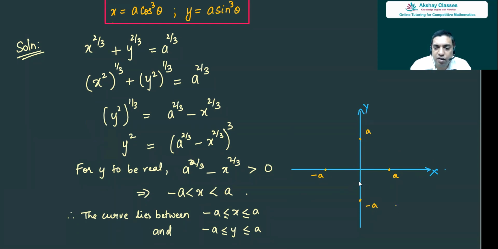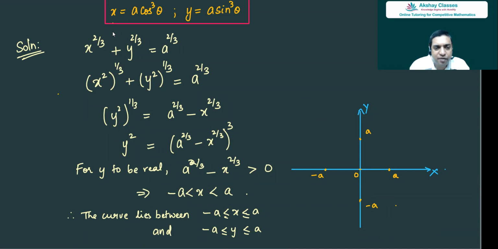Now in between, how will the curve look like? Okay. How will the curve look in between? Now, just between x equal to 0 and a, we need to see how does the curve look.